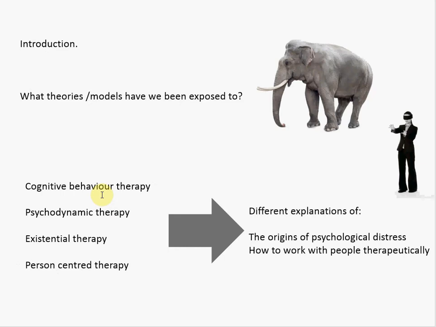Depending on which part of the elephant the blindfolded counselling psychologist feels and examines, they'll have a completely different view of what an elephant actually is. And it's only by taking the blindfold off and looking at the totality of the elephant that you would fully come to understand what it is that an elephant actually consists of.